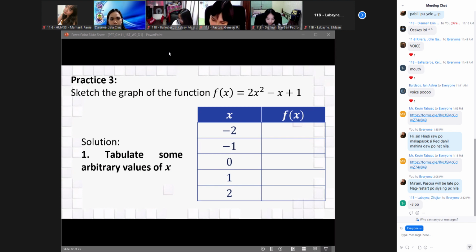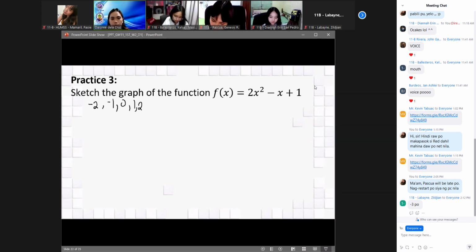Okay, sige. So, let's try. So, our inputs are -2, -1, 0, 1, and 2. Okay, so ito yung mga input natin na ipapalit natin doon sa mga values ng x. Okay?